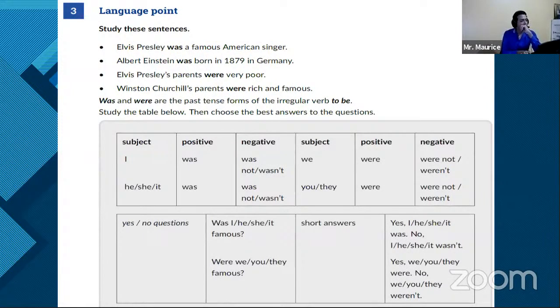Emily? Do you have a problem with your microphone? I just want you to read, okay? Solo quiero que lea esta parte, the language point, please. Just read the language point.